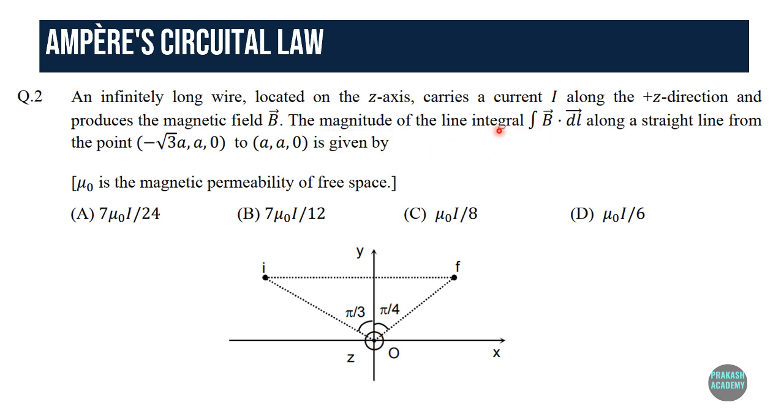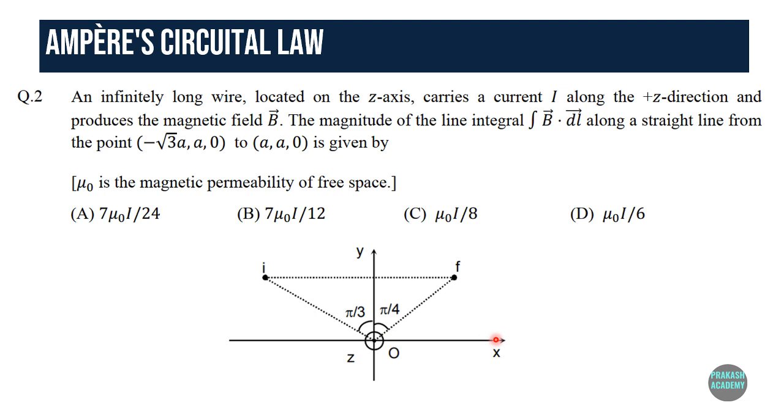The magnitude of the line integral of B dot dl along the straight line from the point (-√3a, a, 0) to the coordinate (a, a, 0) is given by... So, here I have a point and the coordinate of this point is this one, and this point is this one, because x and y both are positive.